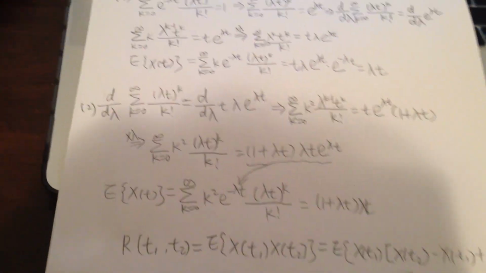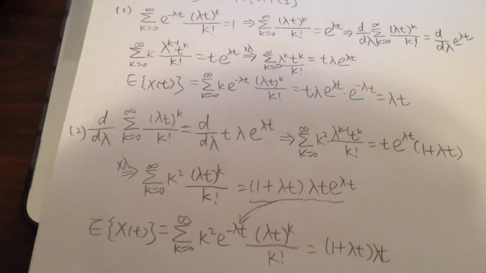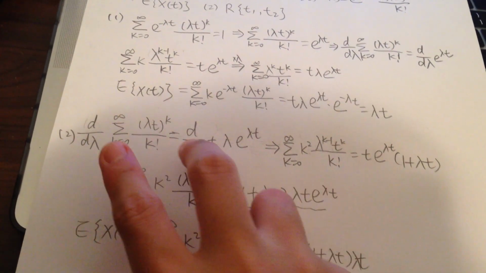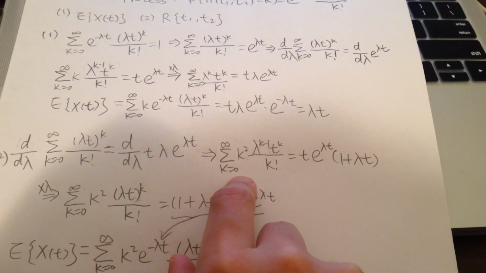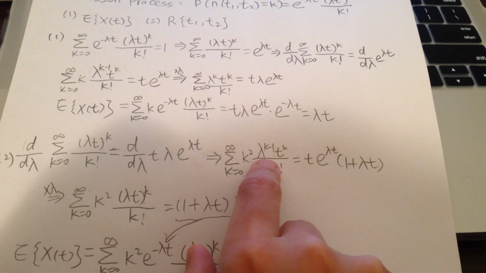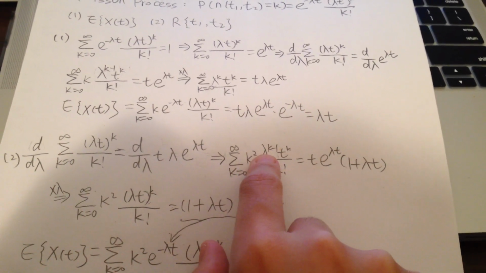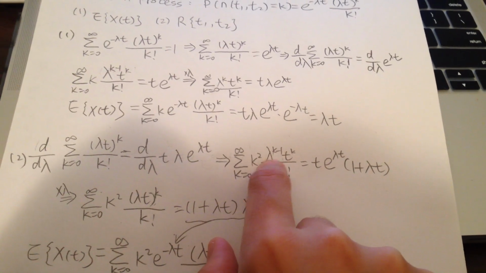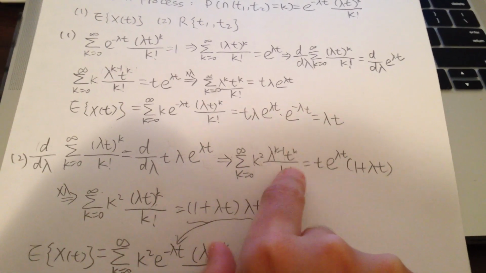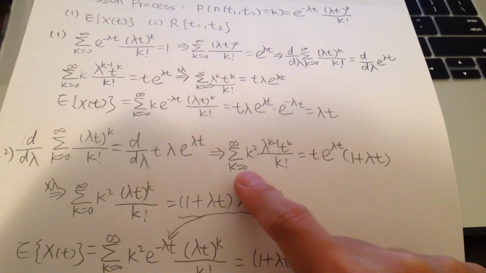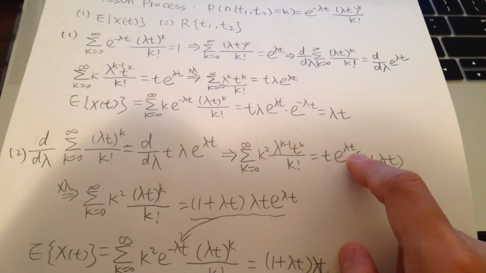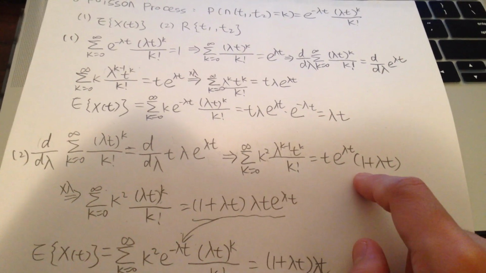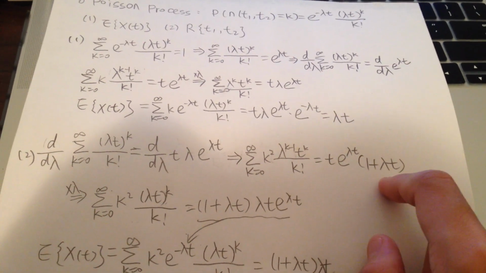For the second part, we also take the derivative of this formula on both sides with respect to lambda first. Then we get the sum of k from 0 to infinity of k squared times lambda to the power of k minus 1 times t to the power of k divided by k factorial, equals t times e to the power of lambda t times (1 plus lambda t).